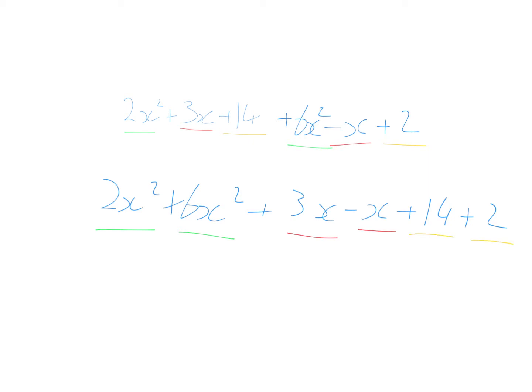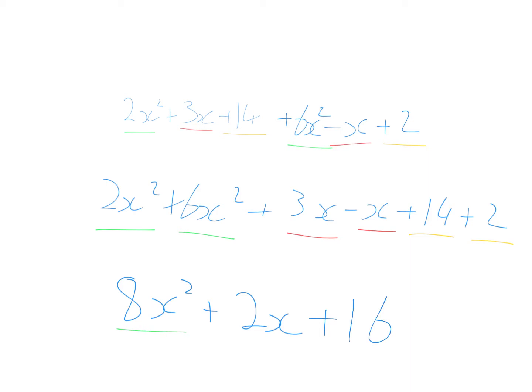So now we can simplify 2x squareds plus 6x squareds. Just add the numbers in front. It's going to give us 8x squared. 3x, take away 1x, or take away x, as it's written here. It's going to give us 2x. If we just have an x, we can imagine the number in front of it as 1 when we need to. And then 14 add 2 is 16.